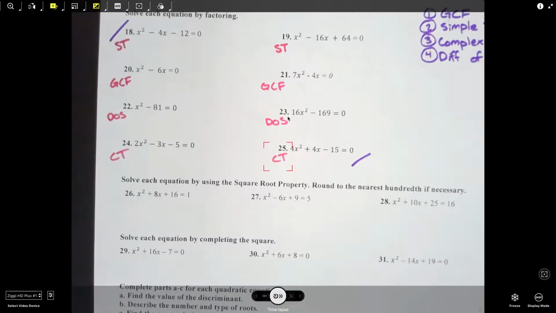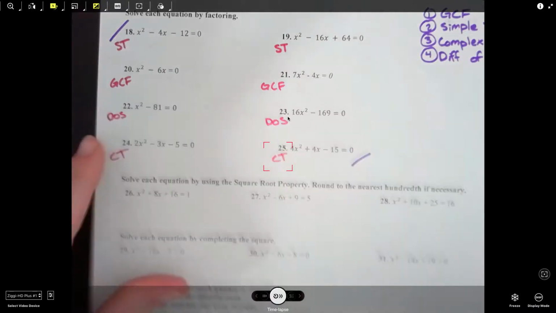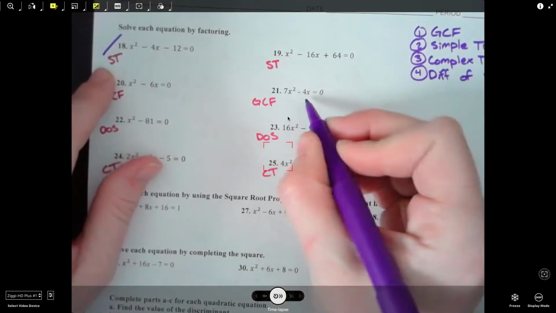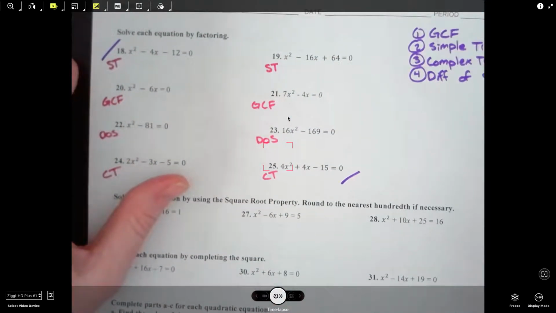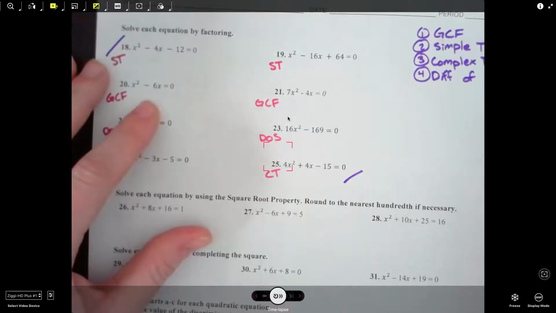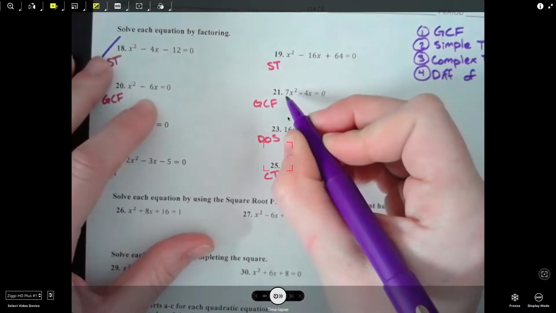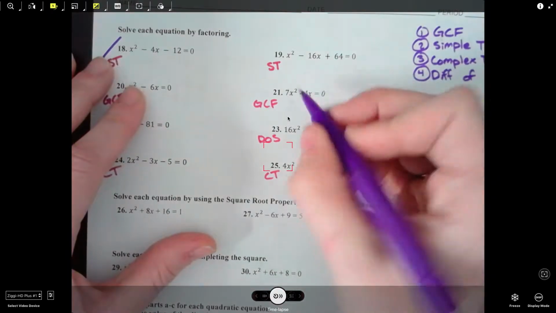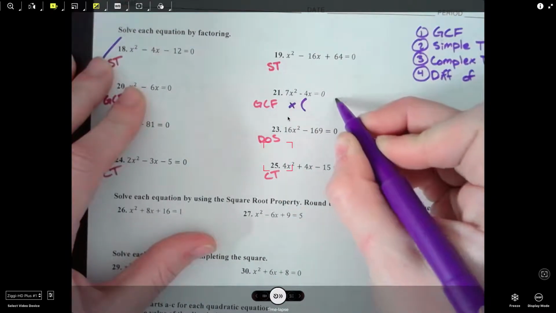Just keep going. The two middle, GCF and difference of squares. Which one? 21 and 22. Just do one of each. 21. What are you pulling out? Take out an X. That's all you can pull out.